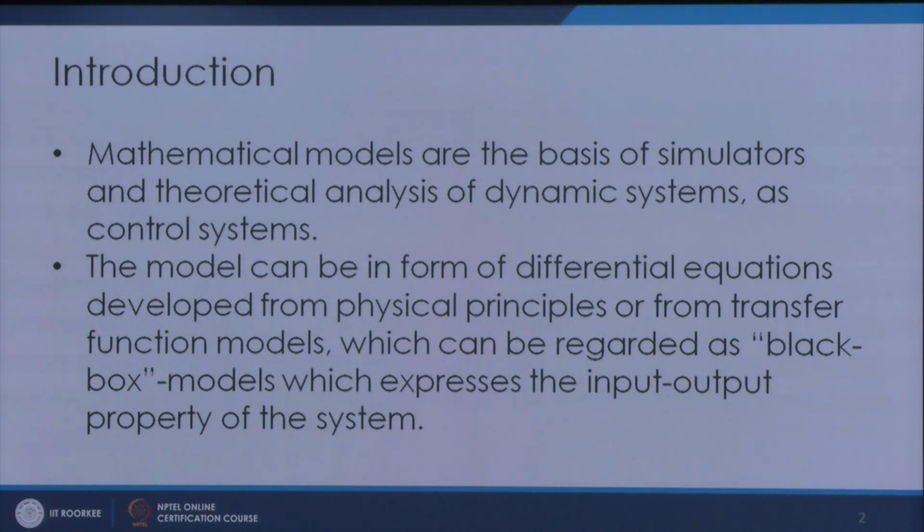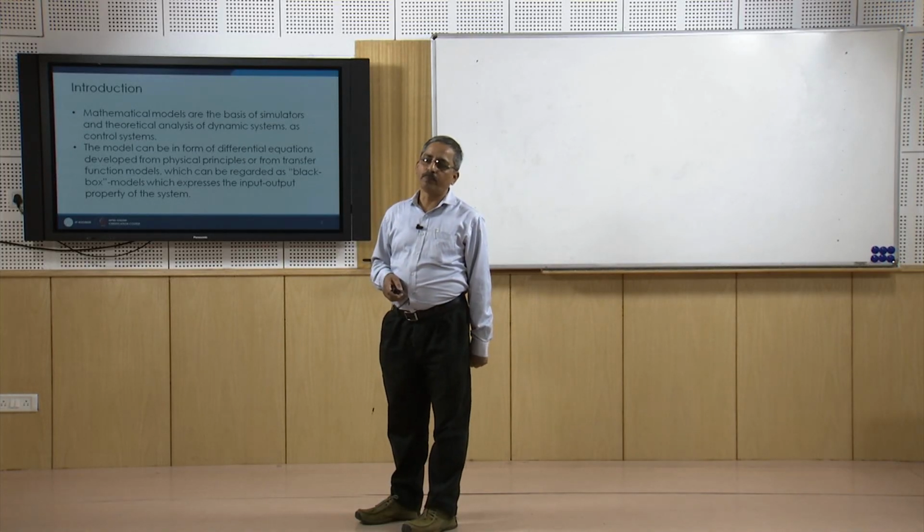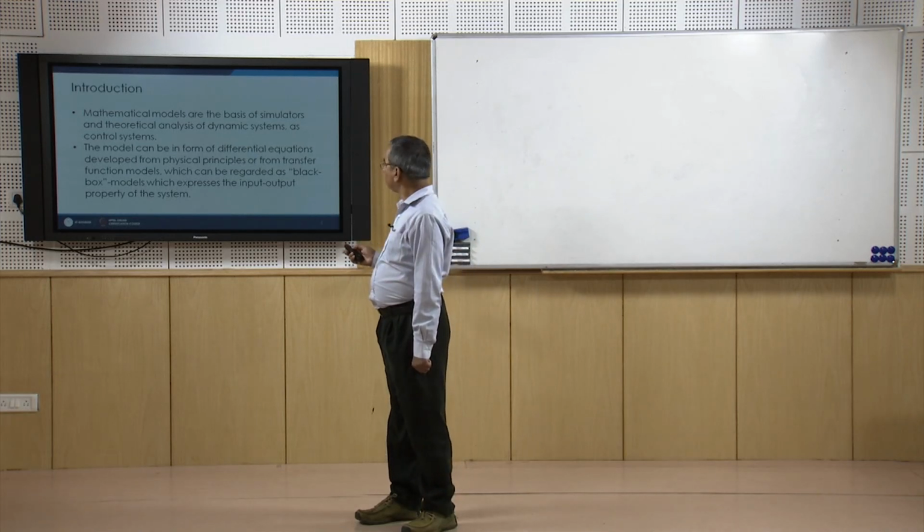These models, as all of you know, could be in the form of differential equations developed from physical principles, or transfer function models, which can be regarded as a black box model that expresses the input output property of the system. Why black box model? Because we know only the input output property of the system.